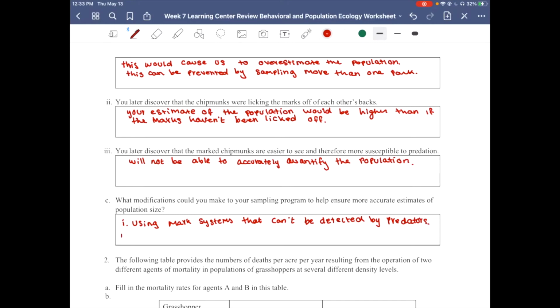Another thing we could do is sample more than one part. Another thing is to use a marking system that can't easily be licked off of the squirrel or chipmunk, so a marking system that can't be easily removed.